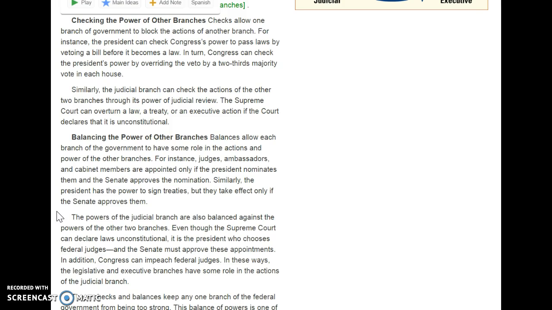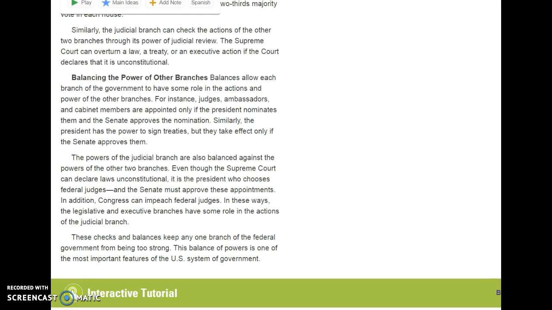In these ways, the legislative and executive branches have some roles in the actions of the judicial branch. These checks and balances keep any one branch of the federal government from being too strong. This balance of powers is one of the most important features of the U.S. system of government.